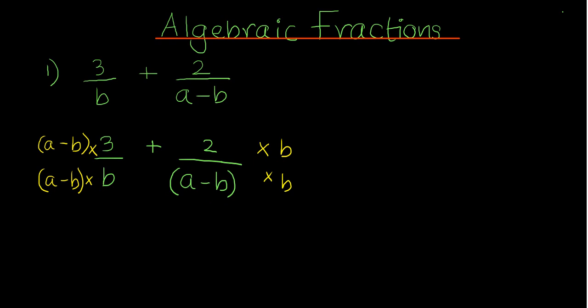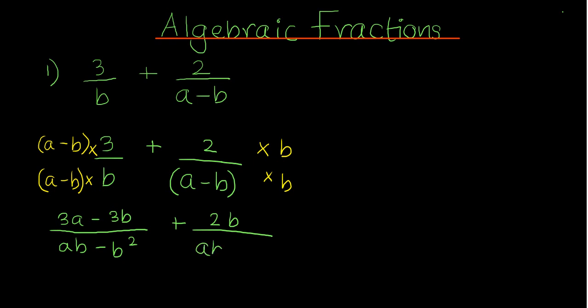So 3 times a is 3a minus 3b, since 3 times minus b is minus 3b, over, and this will become ab. b times a is ab, and b times minus b is minus b squared, plus 2b over, 2 times b is 2b, and then a times b is ab, and then minus b times b is minus b squared.